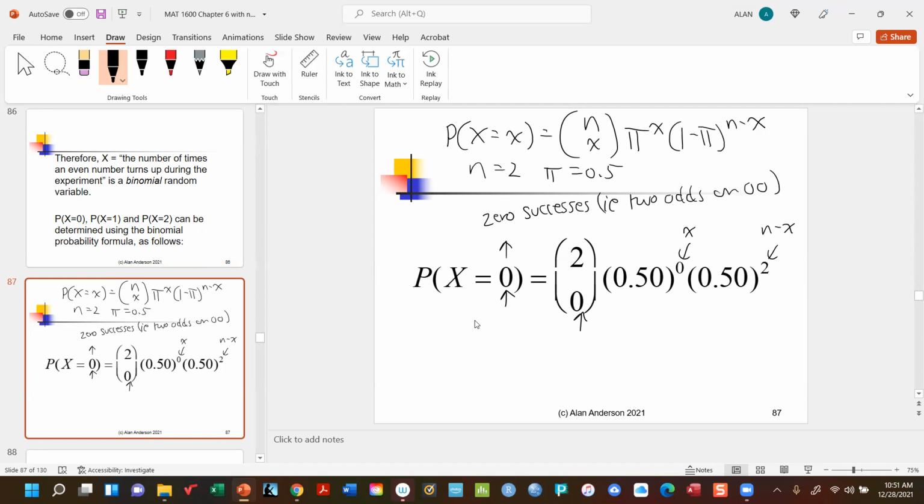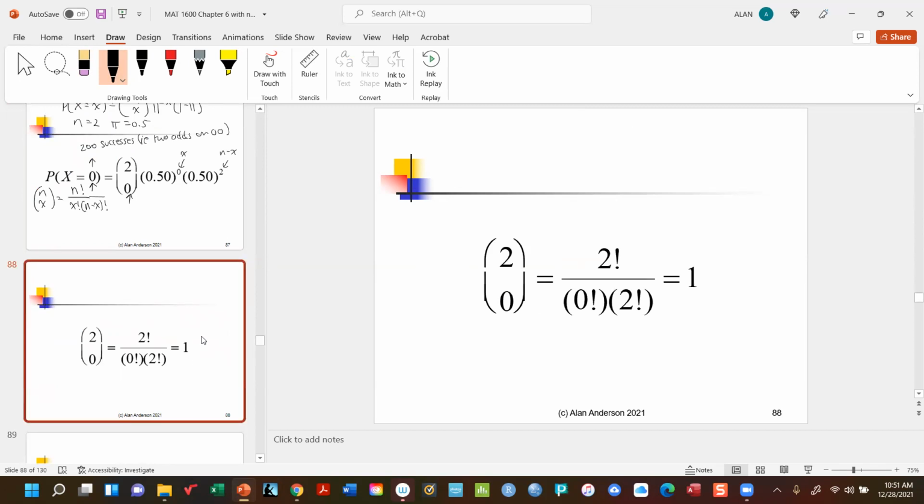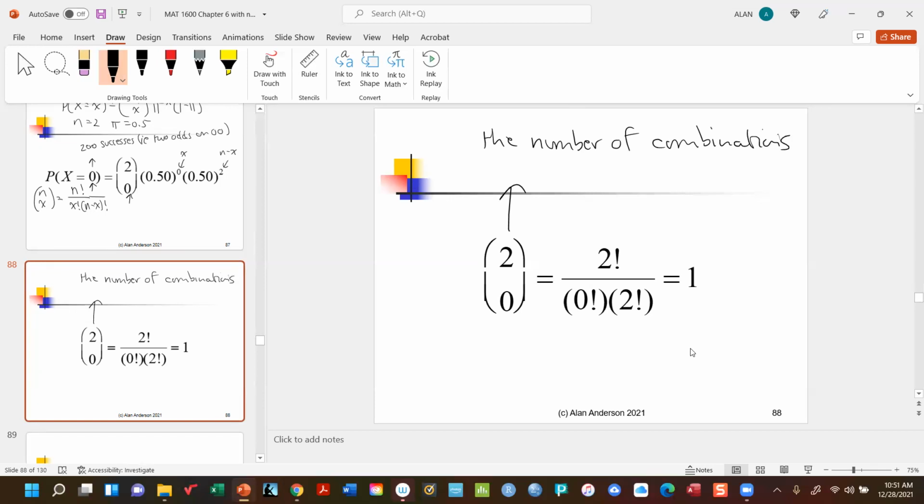Now, by plugging in these numbers, I determined that the number of ways, keep in mind what this means is the number of combinations that can be created by choosing no objects from 2 is 1.